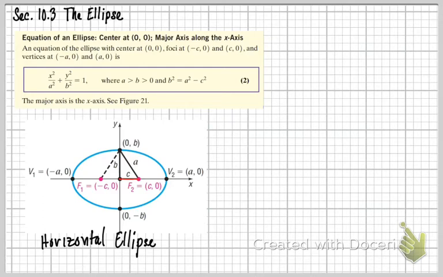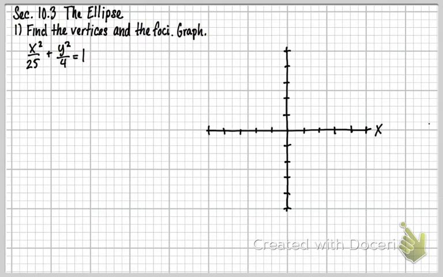So let's get into a problem now. So here we go. It says, find the vertices and the foci and graph. So let's take a look at this now. Right away, we know quite a bit of information just looking at this form.